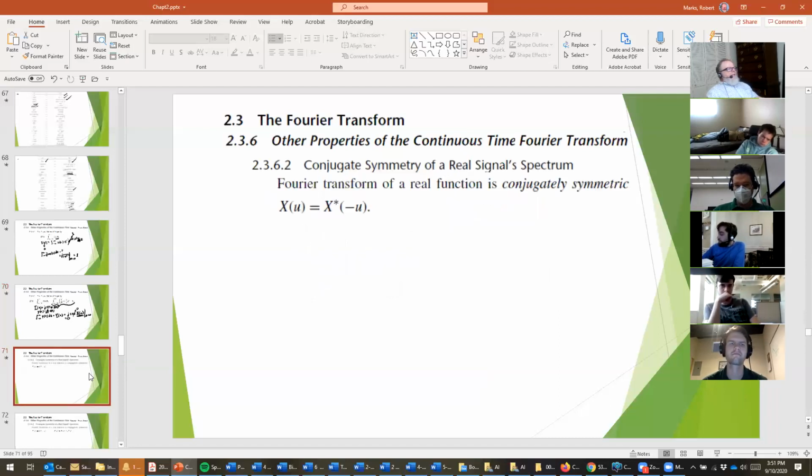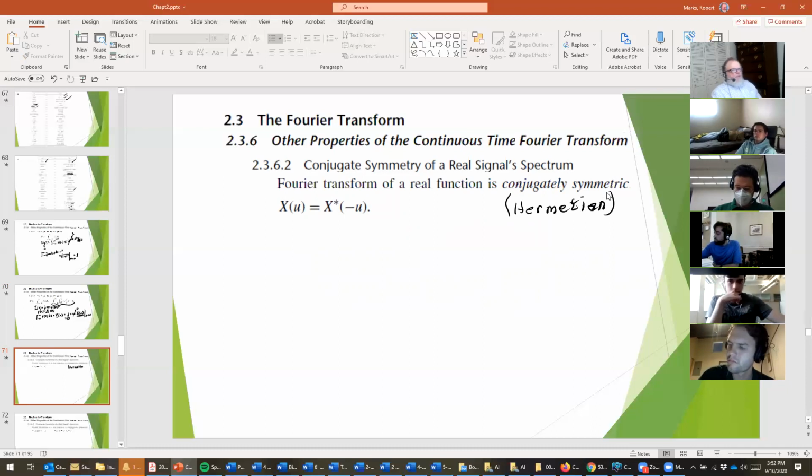Let's look then at other properties. One is conjugate symmetry of a real signal's spectrum. A Fourier transform of a real function is conjugately symmetric. Some people refer to this, and you'll see this in the literature sometimes, as a Hermitian property, because of the great mathematician Hermite.